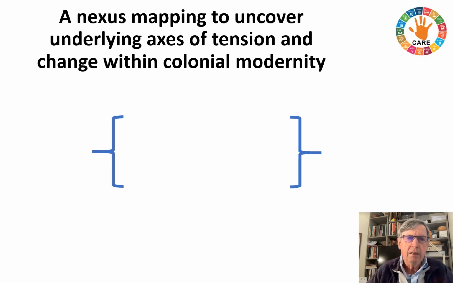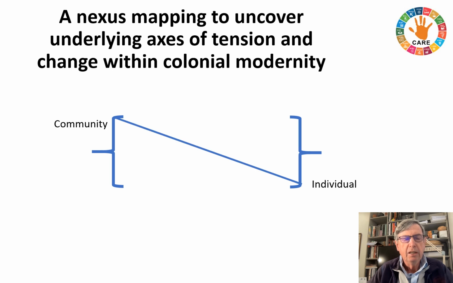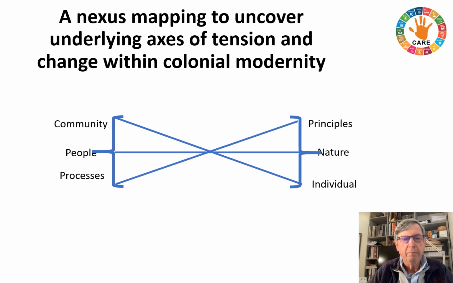Now, to do this, I mapped out some of the axes of tension within colonial modernity and some of the processes of change, like a move away from the emphasis on community to individual in education, the people-nature dialectic, and also the move from ethical processes to ethical principles that came with the colonial period.